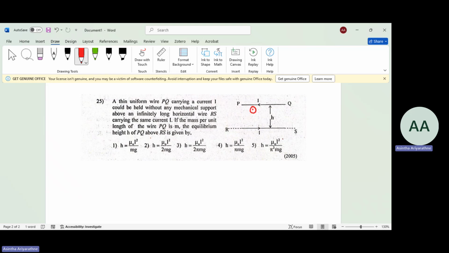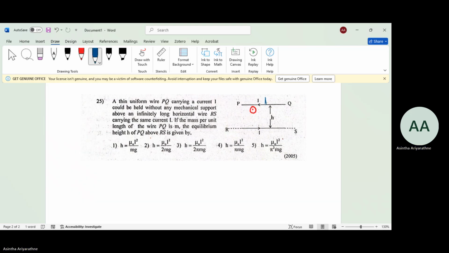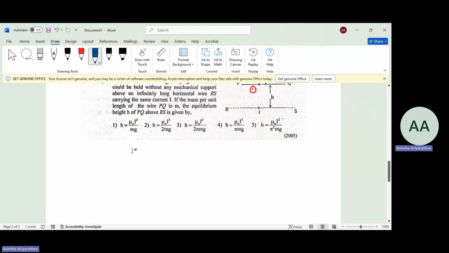I point the index finger in the direction of the magnetic field, middle finger in the direction of current, then we would have force upward. Right? FB.